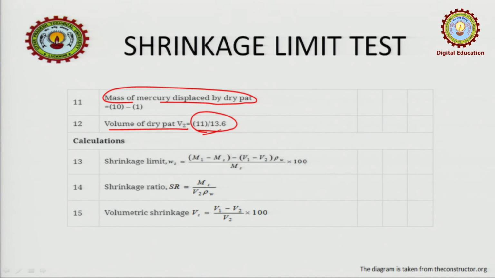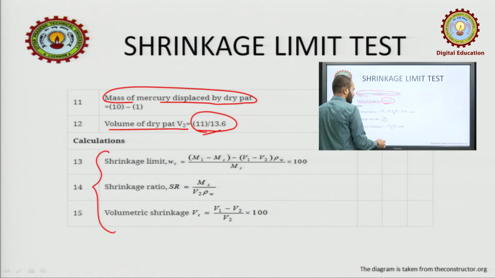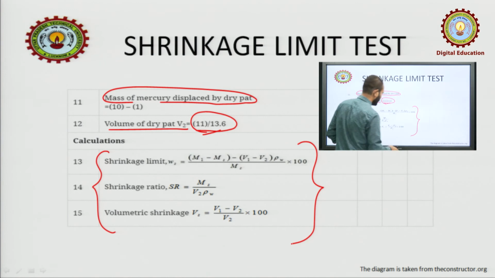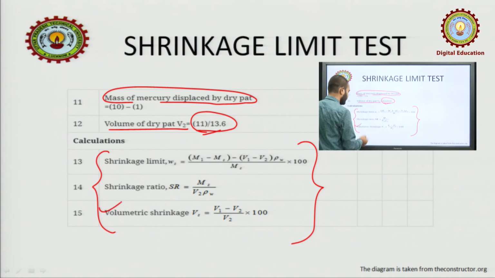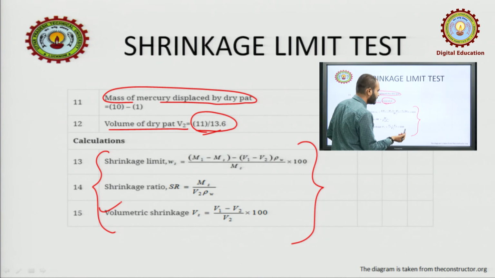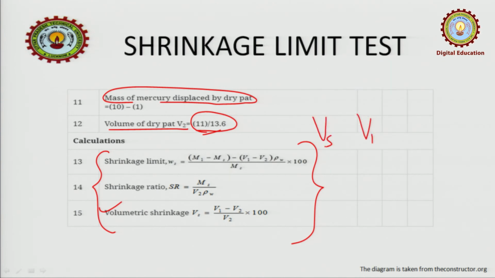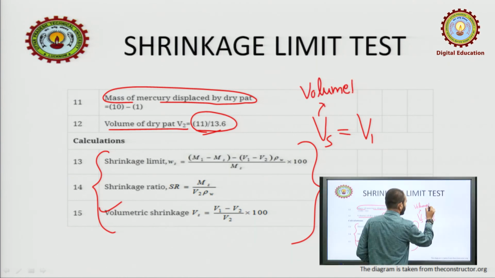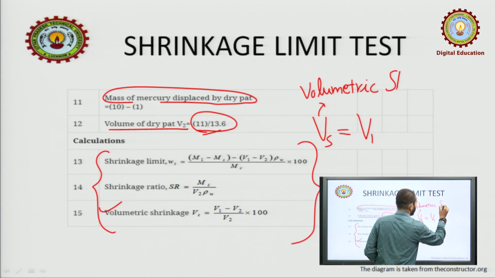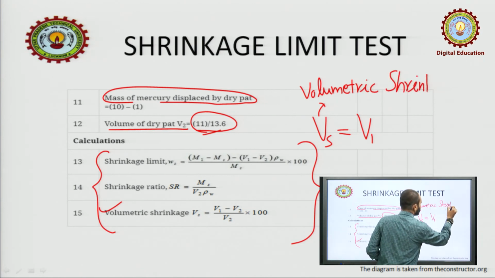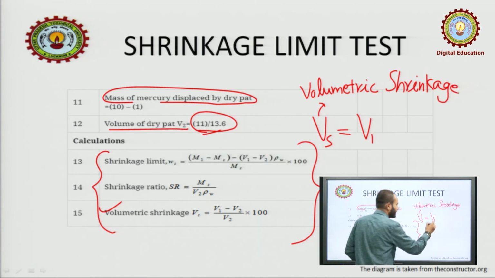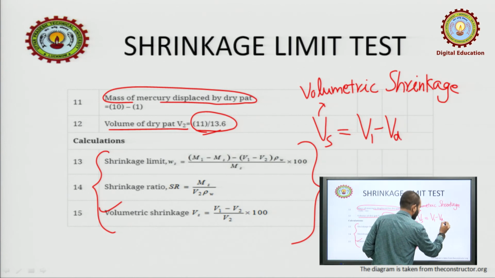Now these 3 are new terms. First of all, let us see volumetric shrinkage. It is actually the volume change, volumetric shrinkage, we can write Vs. What is volumetric shrinkage? It is (V1 minus Vd) upon Vd into 100.